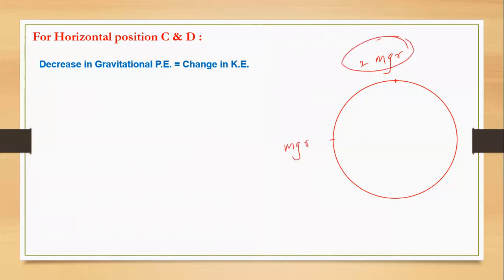So 2mgr minus mgr is mgr. The kinetic energy is 1 by 2 m va square at the top and 1 by 2 m vc square at point C. This point is C and this point is D. So this minus this we have to take.